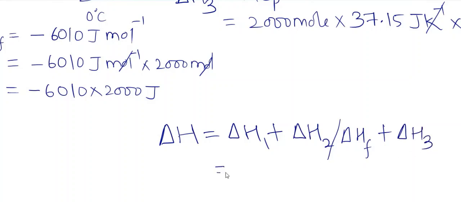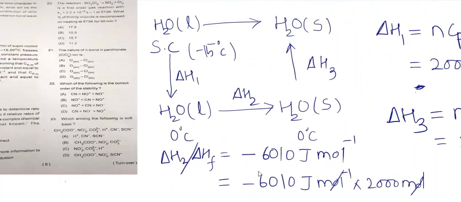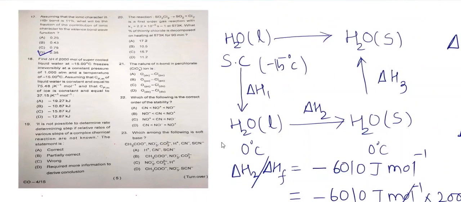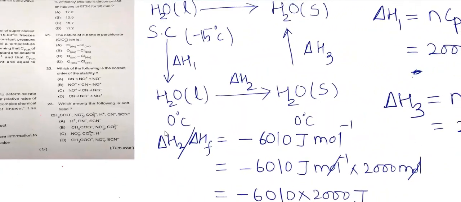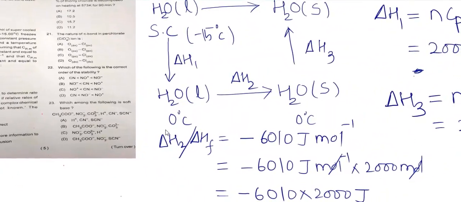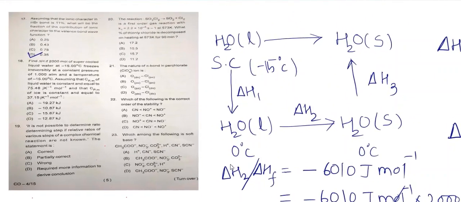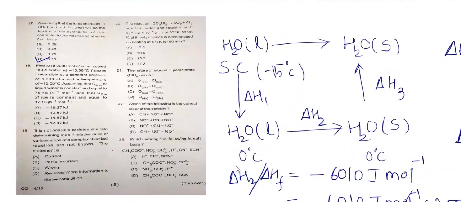Then you will get it in kilojoule form. I solved it on paper, but you have to solve all these in a calculator, so that you can easily handle this question in the examination.